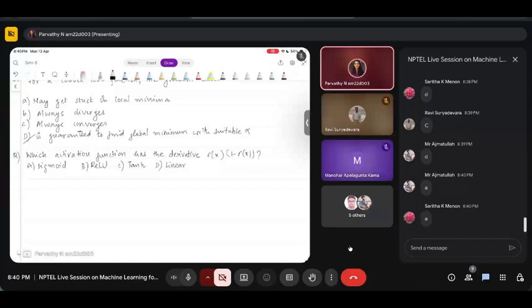Its activation function has the derivative sigmoid into 1 minus sigma. So it is sigmoid.